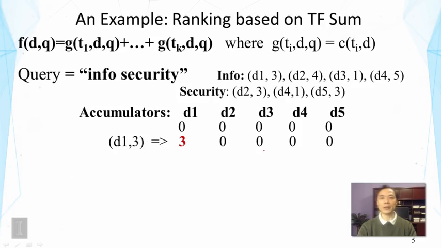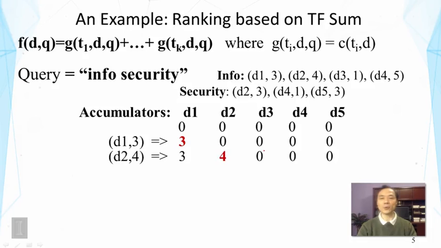Since our scoring function assumes that the score is just a sum of these raw counts, we just need to add 3 to the score accumulator to account for the increase of score due to matching this term information in document D1. And then we go to the next entry, that's D2 and 4, and then we add 4 to the score accumulator of D2.